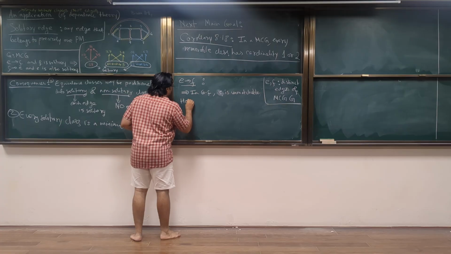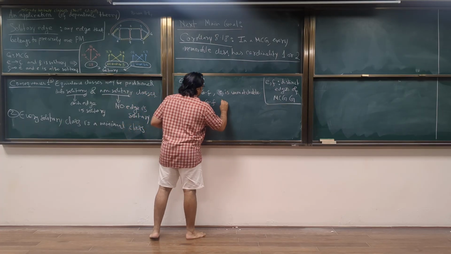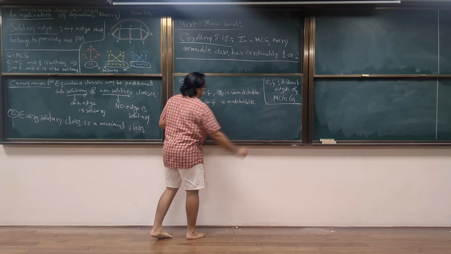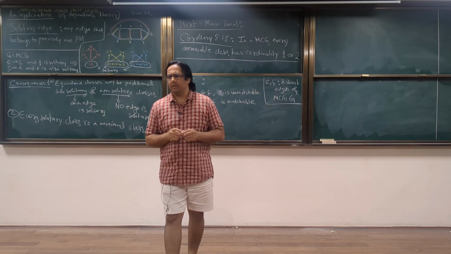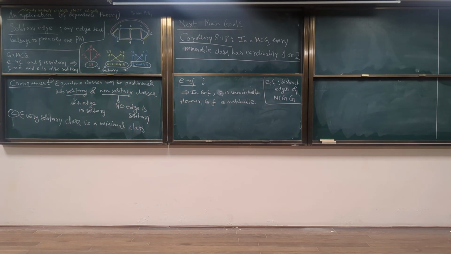However, G minus F is matchable. What does this mean? Why is E unmatchable in G minus F? What can we say? Go back to the beginning of this course, right? Don't forget all of that. So why is the edge E unmatchable in G minus F? What makes an edge unmatchable?